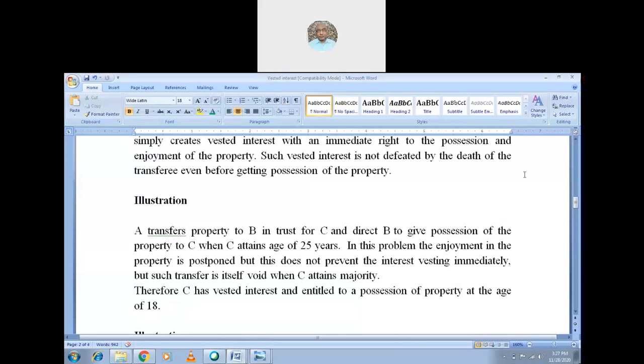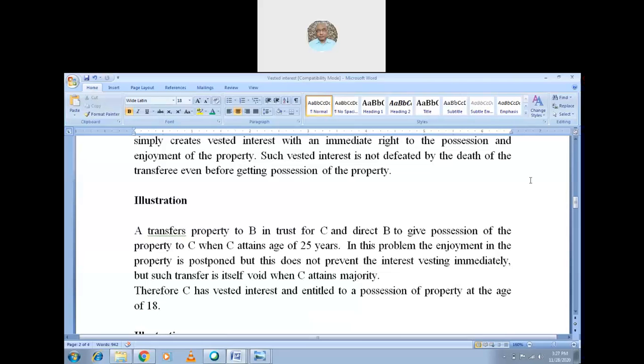That's the point. Here, what they said, I repeat. A person transfers the property to B in trust. Of course, a person will transfer only in trust; if the trust is not there, he will not transfer. B holds it in trust for C's purposes, and directs B to give possession of the property to C when C attains the age of 25 years.